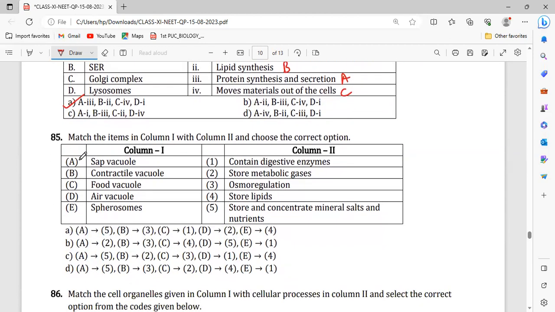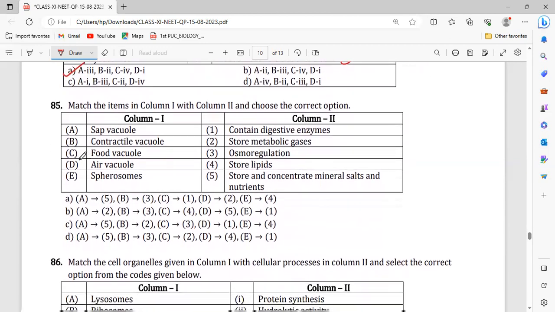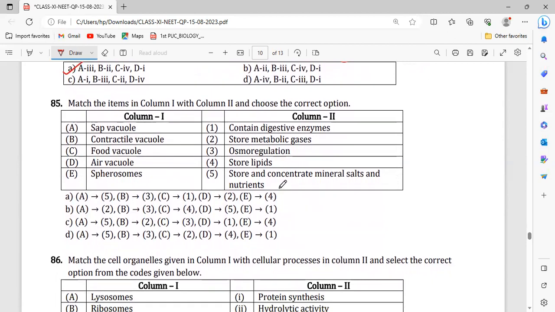Then 85. Sap vacuole, it will store and concentrate minerals. So this we can see in plants. Then contractile vacuole, they help in osmoregulation. So this we can see in amoeba, protista. Food vacuole, what will this food vacuole do?